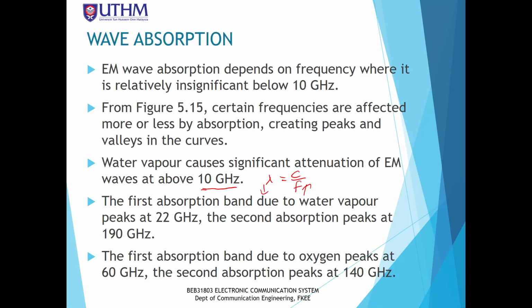That's why during heavy rain, signals that have a lambda less than the size of the raindrops will have a significant effect. That's why, if you see now, Astro is moving towards fiber optics. They are moving their services to fiber optics together with the internet.